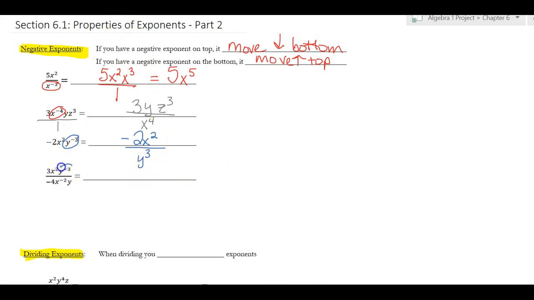All right, one last one. My negative exponents are here and here. So let's start with this top. It's going to become 3x squared. This y is going to go on the bottom, so I'm going to throw it on the bottom. And then now the negative 4 stays down here. This x squared is going to move to the top, and that y stays on the bottom.